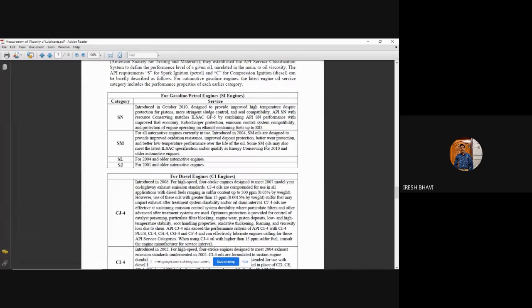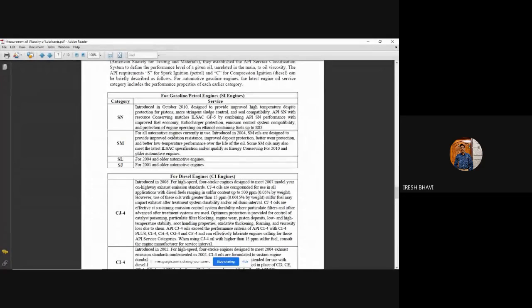Some SM graded oils may also meet the latest ILSAC specification or qualify as resource conserving. ILSAC is a body which looks after pollution norms, so this SM grade lubricating oil also satisfies low pollution norms.